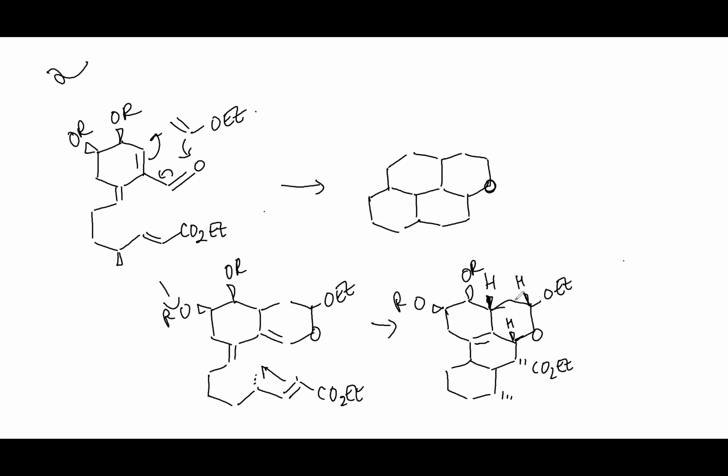Or we could get it the other way around. The only important part, I guess, is this ring over here. If this was up and this was down, this would be down as well, if my memory is correct.